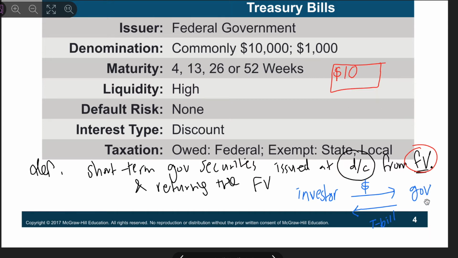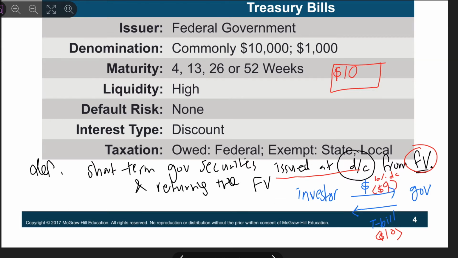So the T-bill has a face value of $10, but the investor only pays at a discount, so pays a little less. Let's say it's a 10% discount, he only pays $9.